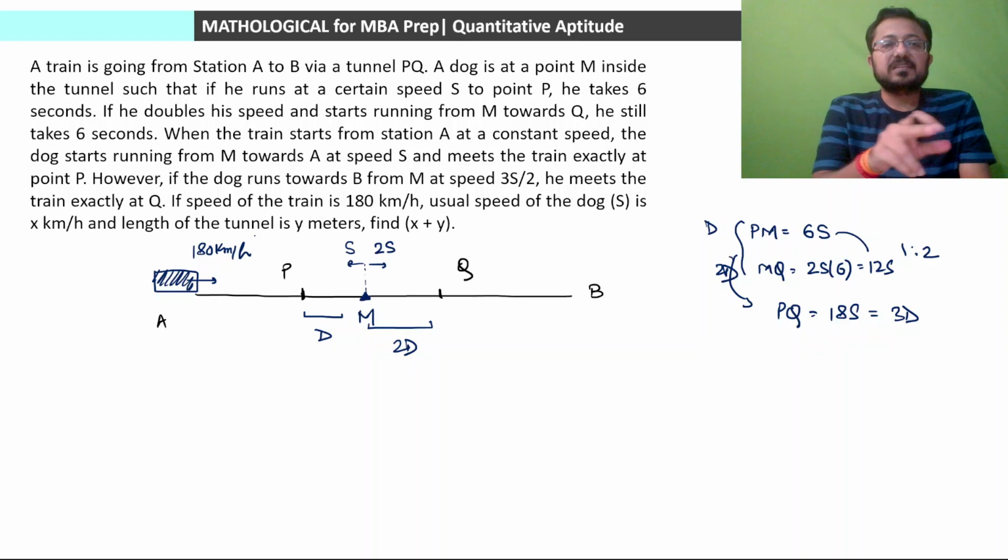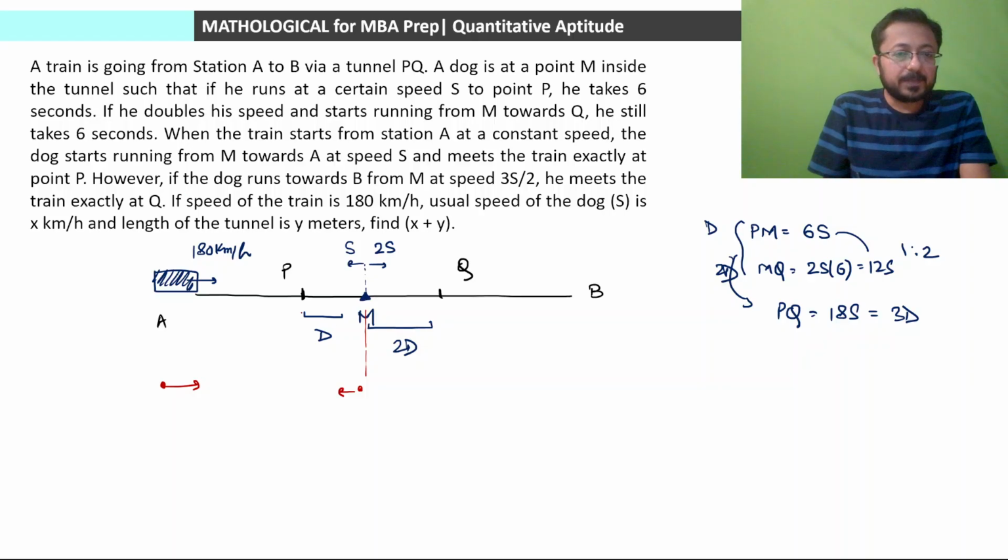The dog starts running from M towards A at speed S. The train is starting from point A, station A, towards B, and dog has started from M towards A. And in such a condition, the dog meets the train exactly at point P. Exactly at point P, they both meet.